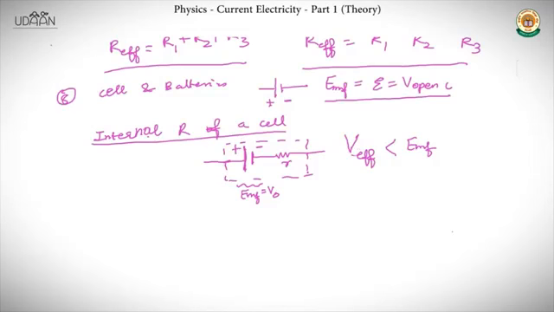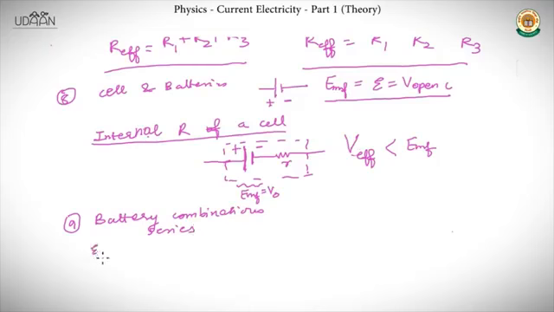Now, just like we can have combinations of resistors in series or parallel, there can be combinations of batteries as well. So let's discuss that. Ninth topic here is battery combinations. First, we'll talk about series combination.